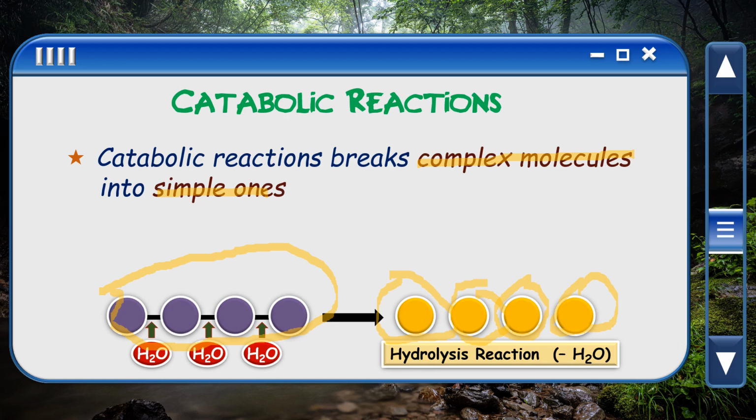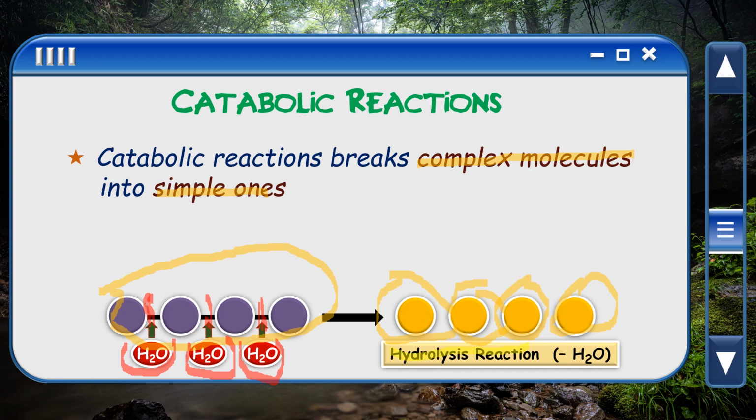Before you break down this macromolecule, you have to break the bonds. And for every bond to be broken, you have to provide water to break that bond. If we are to break this bond, we have to provide a water molecule. If we are to break this bond, we have to provide a water molecule for that bond to be broken. And that is what we are referring to as a hydrolysis reaction.